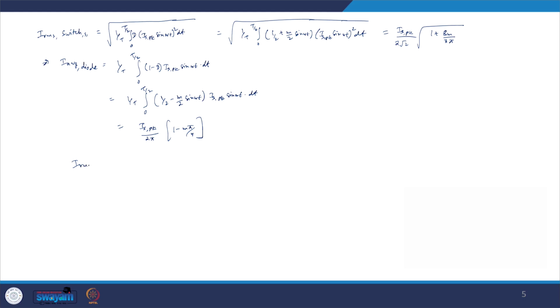And then you can also calculate the IRMS going through the diode. This is basically for diode D2.